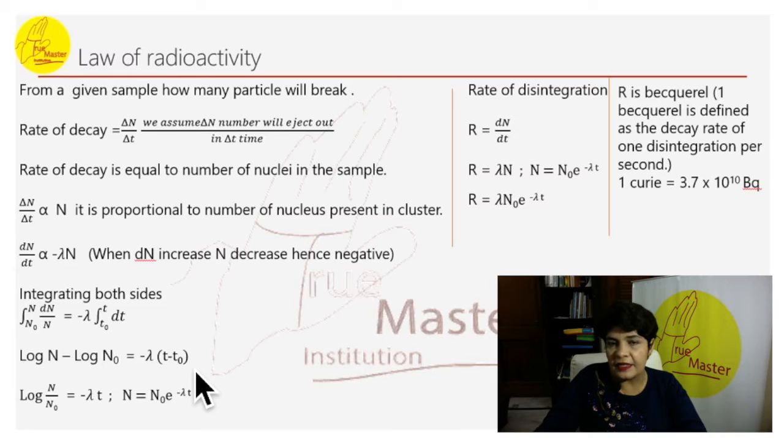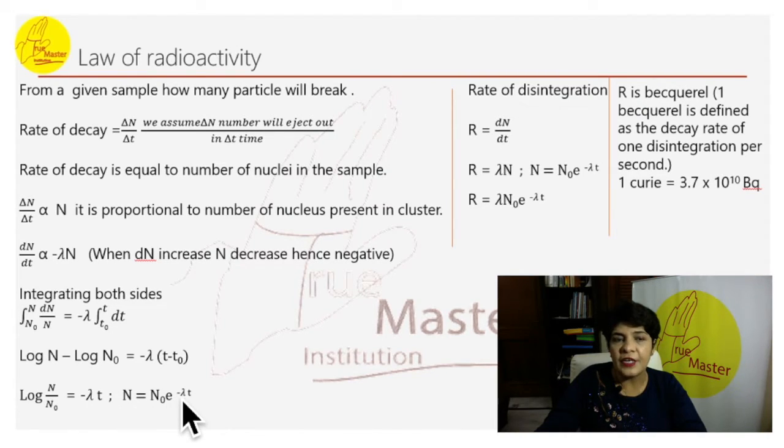We can rewrite this as log of N by N naught equals minus lambda T, or N is equal to N naught e to the power minus lambda T. This is a formula that you can note down.